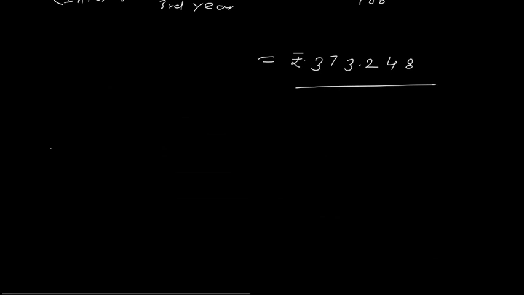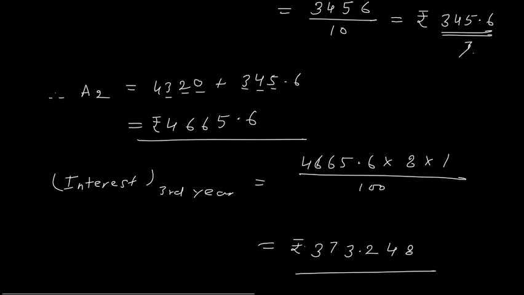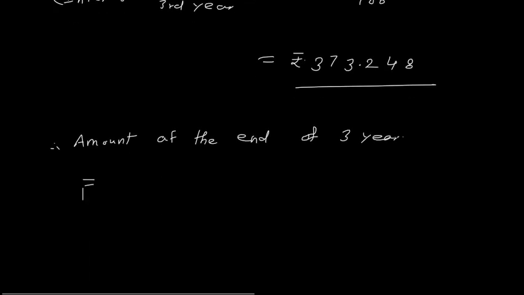Okay, so therefore the amount at the end of 3 years is 4665.6 plus 373.248.